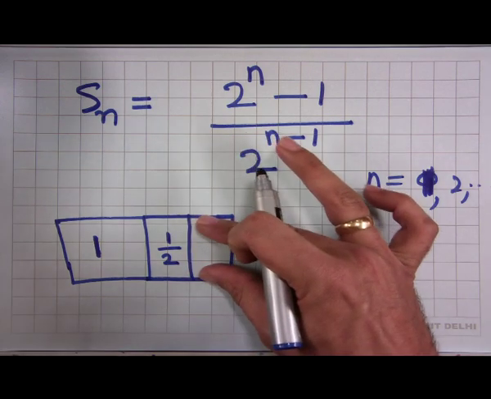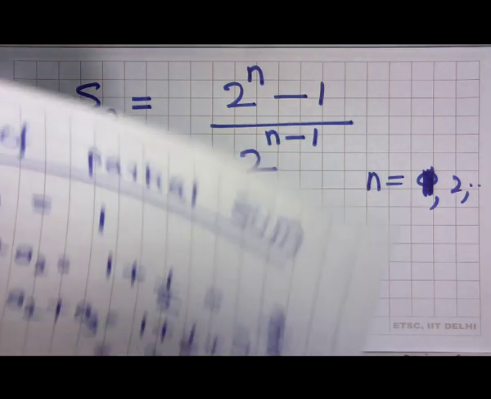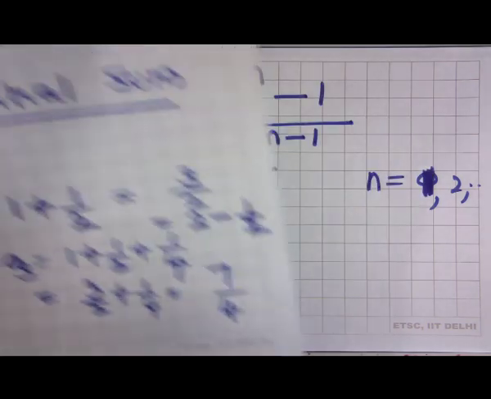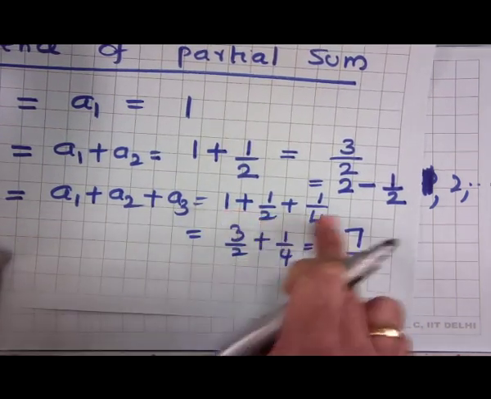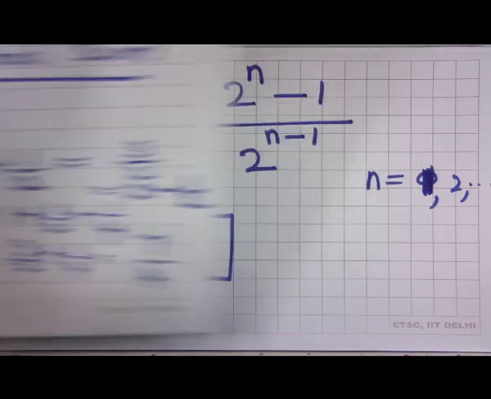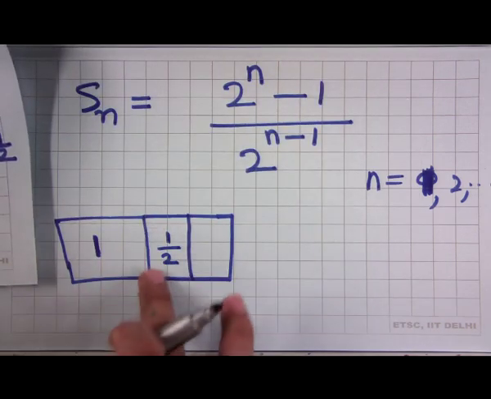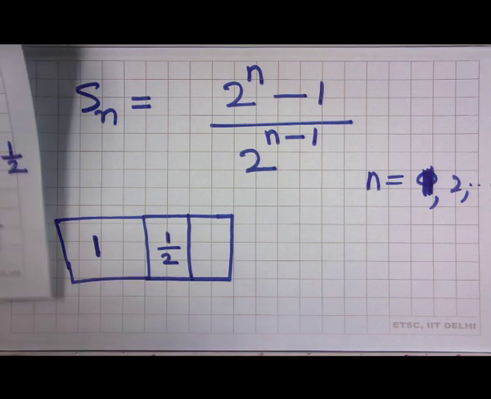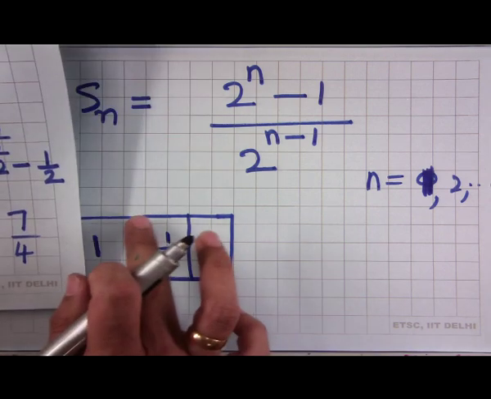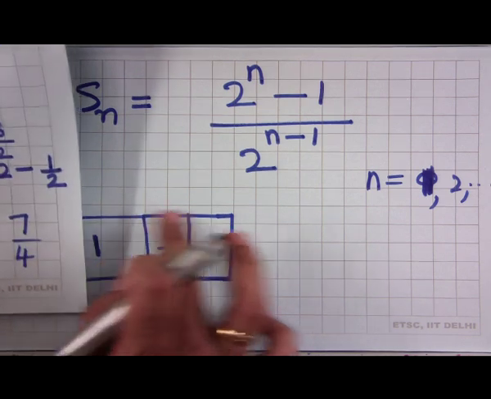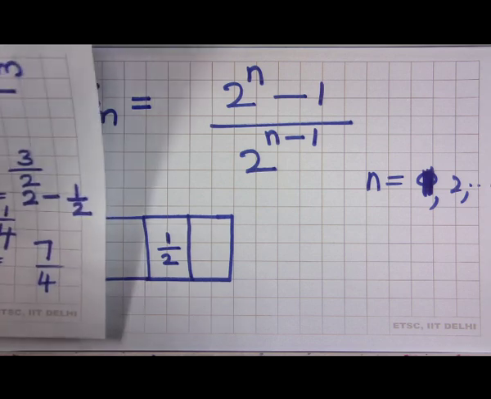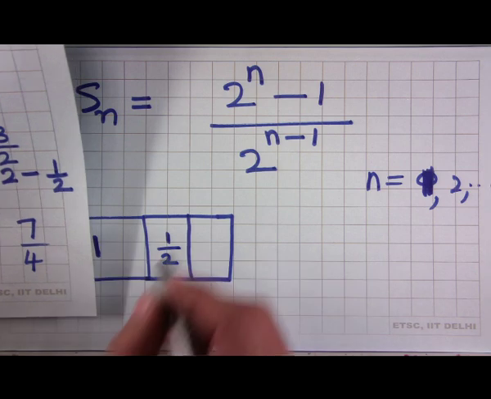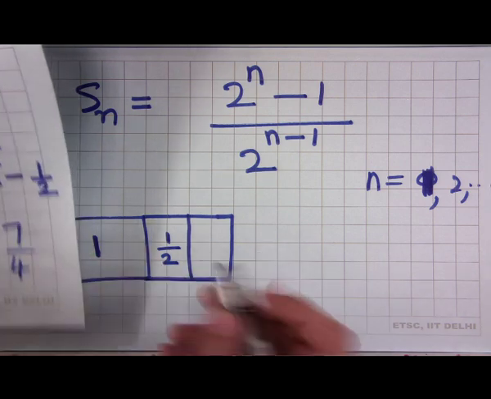This portion is missing. You can see that S3 is 1 plus 1 by 2 plus 1 by 4, which is the area of the first unit square plus half of the second unit square, and again you add half of the remaining half.